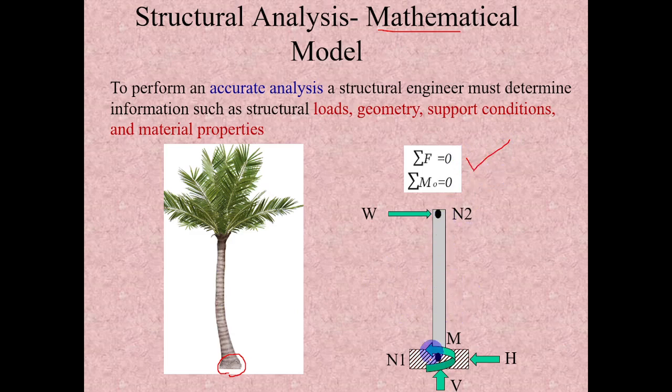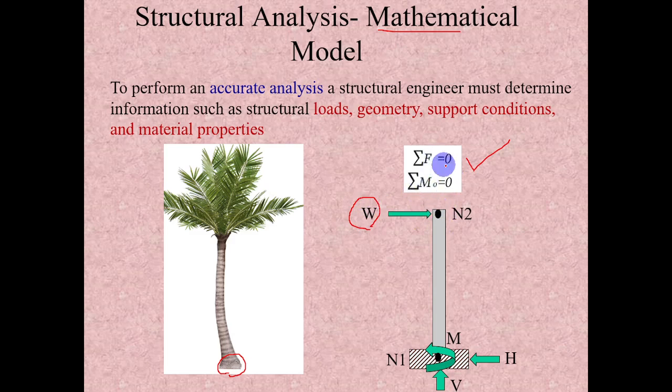The height of this column should be equal to the height of the tree, and these are nodes 1 and 2. Node 2 is free, and node 1 is idealized as fixed with spring constants in the vertical direction, horizontal direction, and rotational. It may be subjected to some wind load, so we have to calculate that load and apply it at node 2 level.